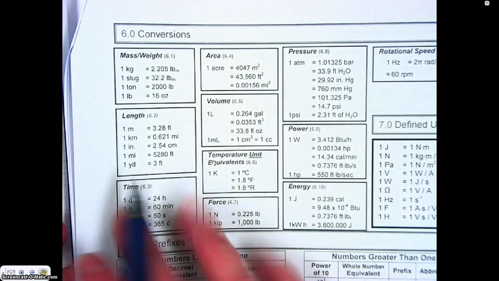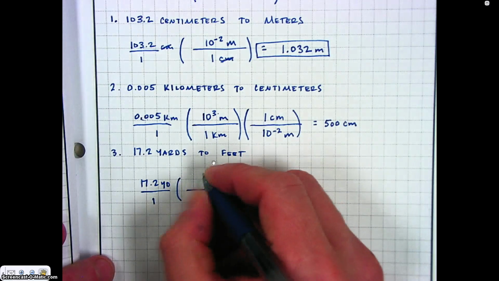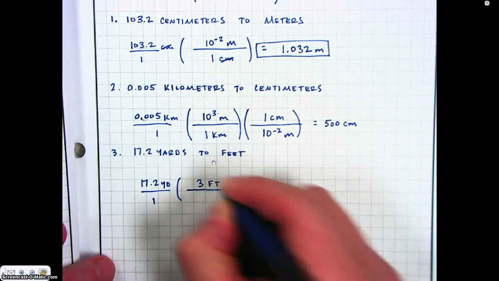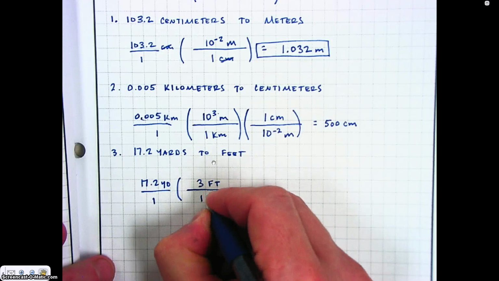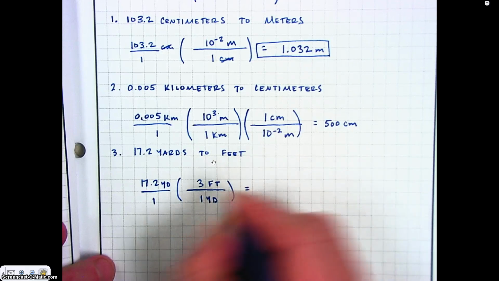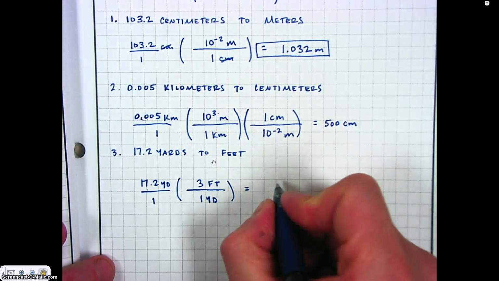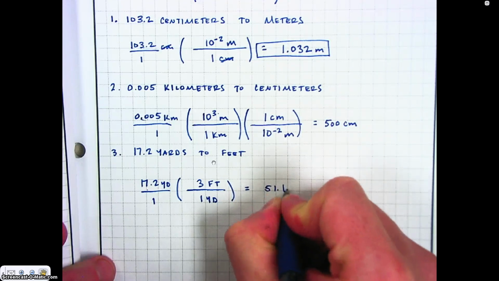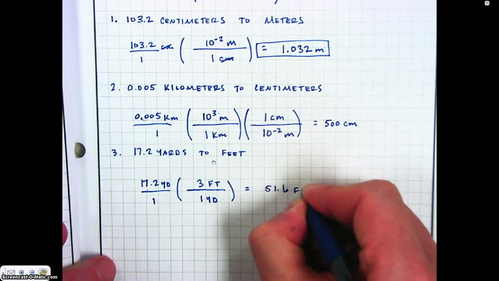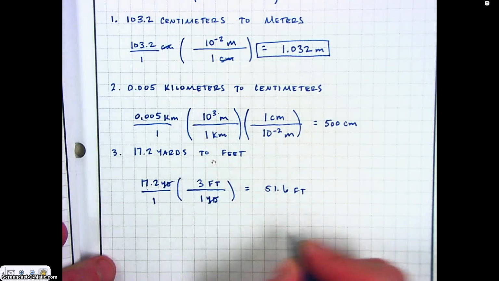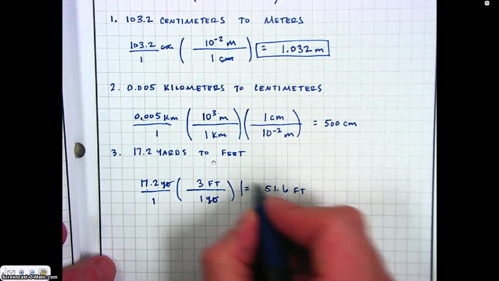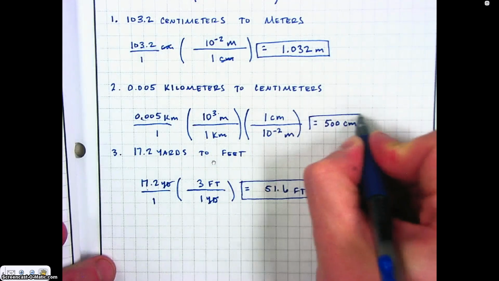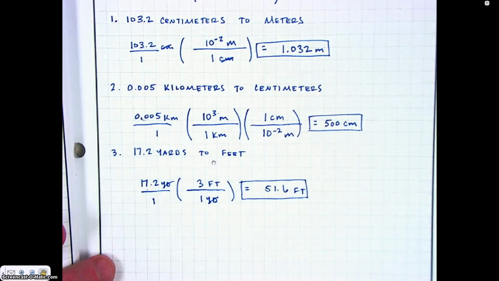I have 3 feet is equal to 1 yard. So our desired unit is feet, and I'm going to say 3 feet is equal to 1 yard. You multiply 17.2 times 3, and you get 51.6 feet. The yards cancel, so you get 51.6 feet. I'll go ahead and box in that answer. And I forgot to box in this one, so I'll go up here and box in that answer.